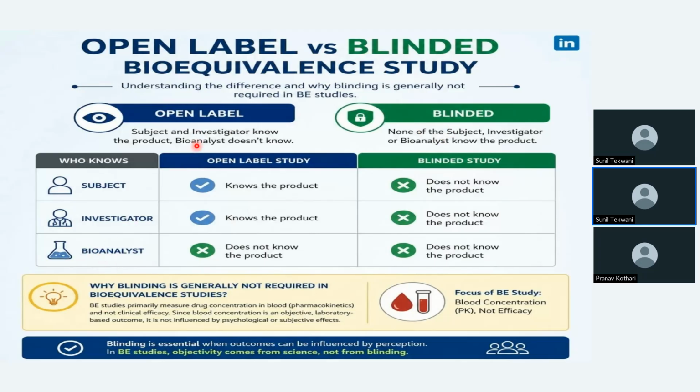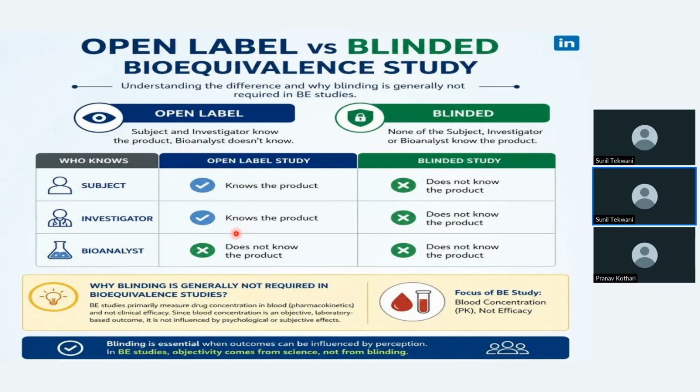which are concerned. So in an open label design, the subject knows the product, whether I'm receiving test product or reference product in period 1 and period 2. Subject is aware. Investigator is also aware whether test product or reference product is being given to the subject.